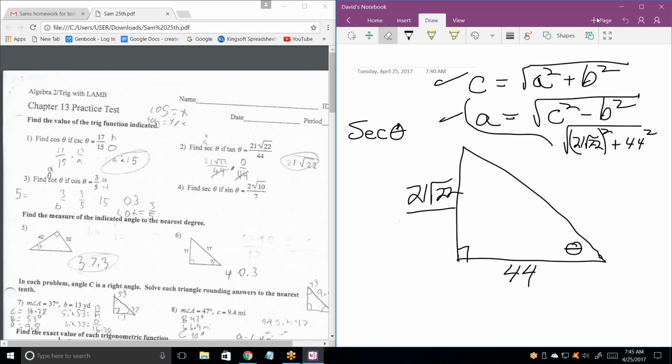You should be seeing if that answer makes sense. Well, the reason it didn't make sense to me is because it doesn't appear to be the longest side. In other words, how long is 21 times root 22? Well, root 22 is more than 4, so that'd be 4 times 21. So this side over here is 82. So there's no way we can have a hypotenuse of 49.